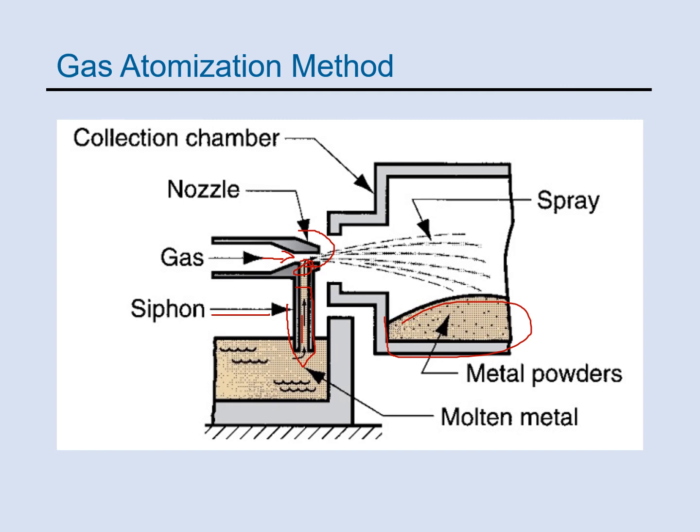This method will convert that molten metal into a spray of droplets, and the droplets solidify into powders. This method is the most versatile and popular method for producing metal powders, and it is applicable to almost all metals as well as alloys.